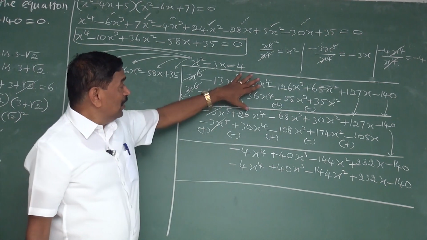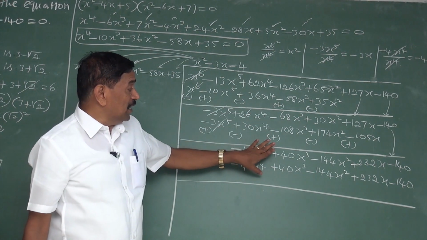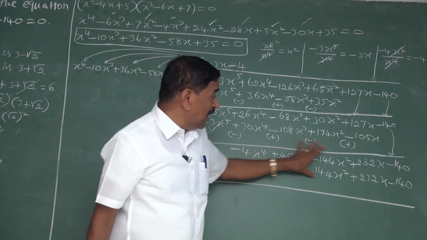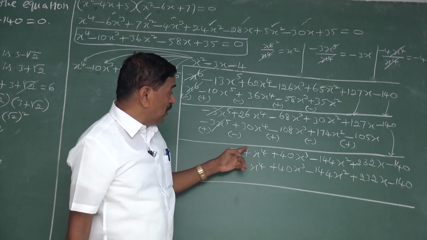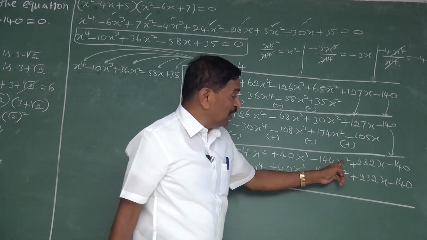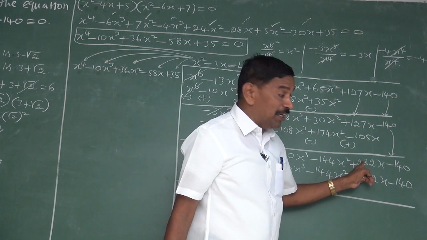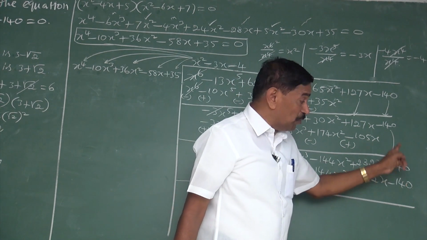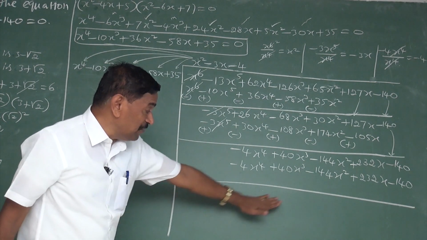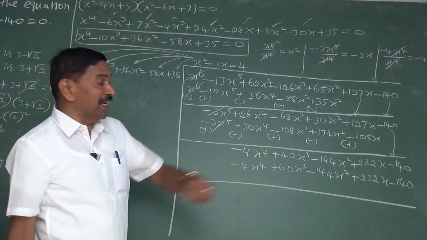Step 3 we can verify easily. In step 3, all the terms are like terms. Listen. Minus 4 x power 4, minus 40 x cube, minus 144 x square, plus 232 x, minus 140. Then only your answer will be correct. Because in the final answer we must get remainder 0.